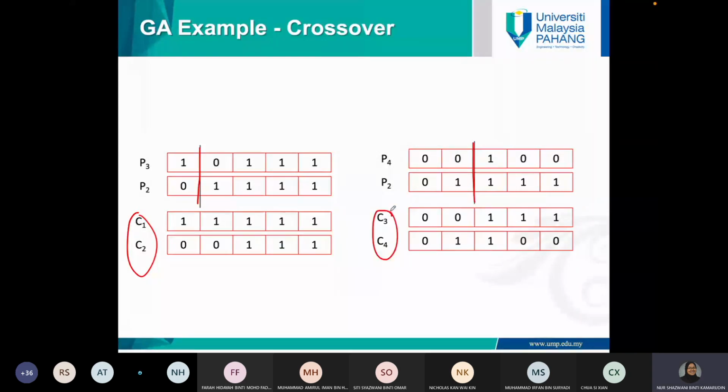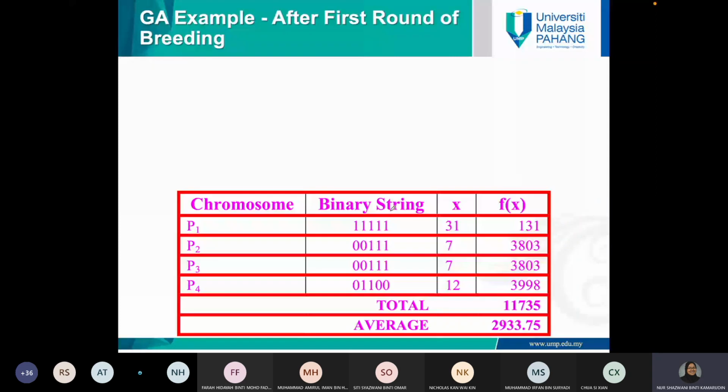All right, so you will have a new chromosome, and then you calculate again and you will have a new total and a new average. What we want to do is find the most optimum x value for that specific fitness function.